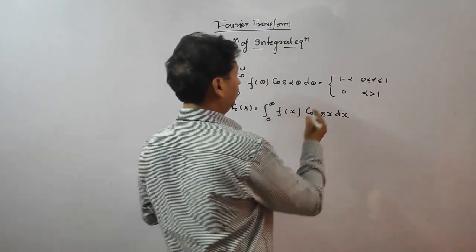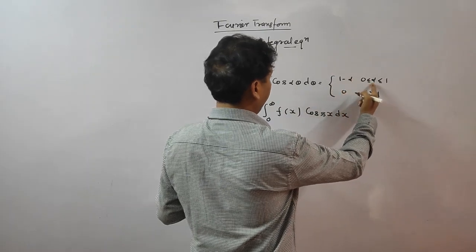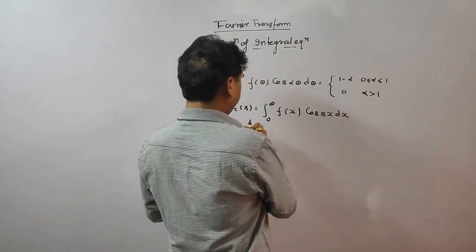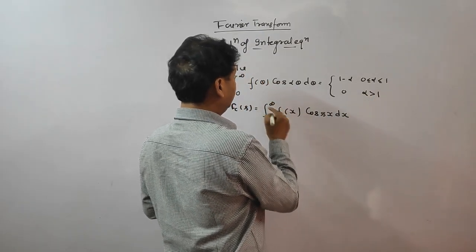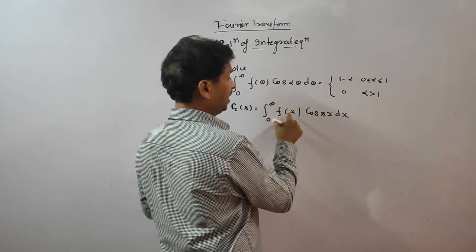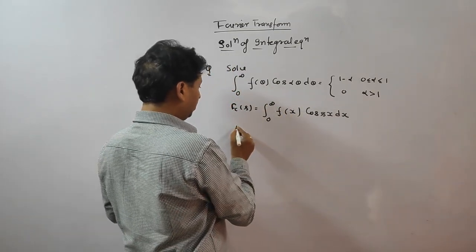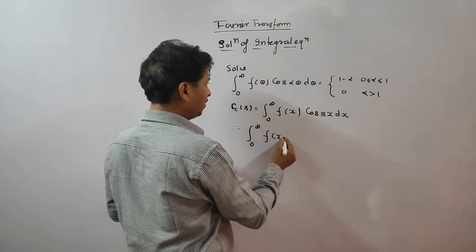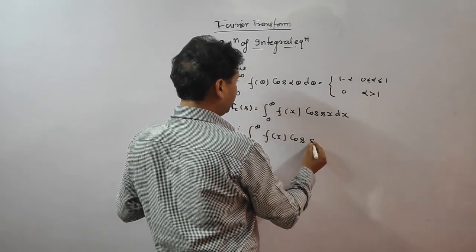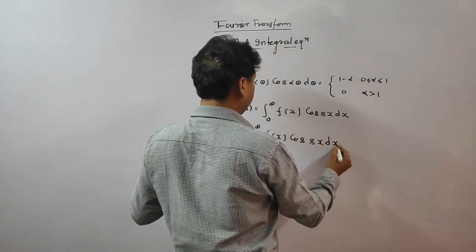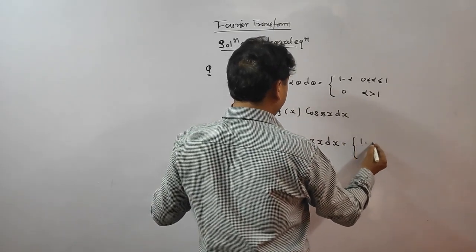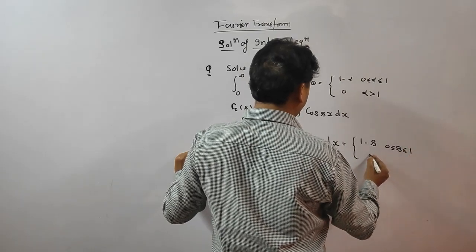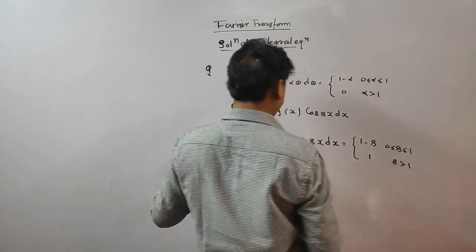What is the value? 1 minus alpha for alpha greater than or equal to 0 and less than or equal to 1, and 0 when alpha is greater than 1. In place of alpha, if you think it is s, and in place of theta if you think it is x, then what is that? Integral 0 to infinity f(x) cos(sx) dx is 1 minus s for s between 0 and 1, and 0 when s is greater than 1.